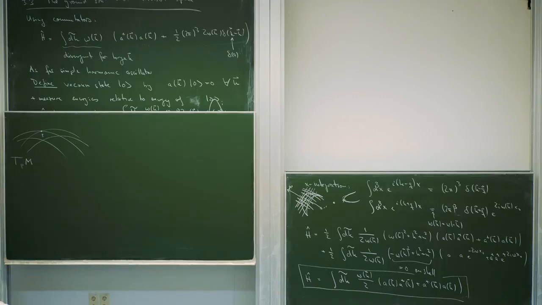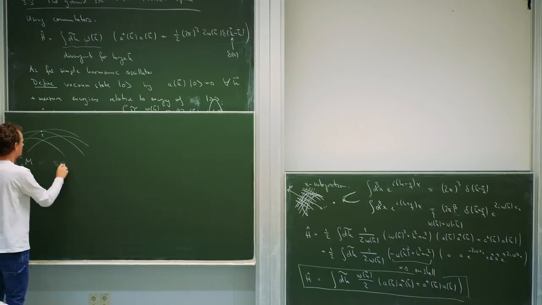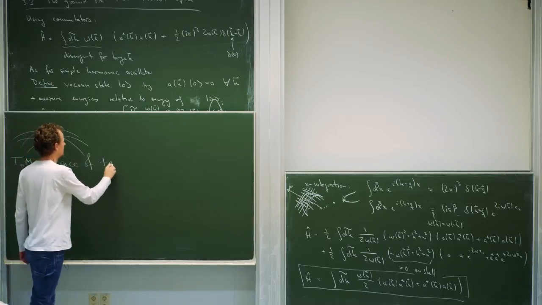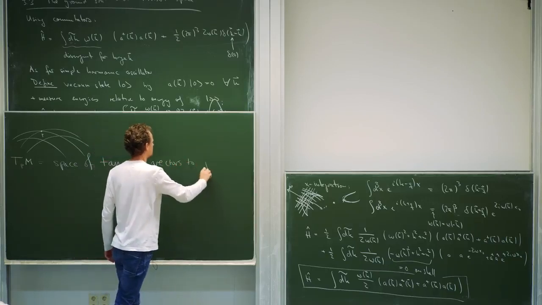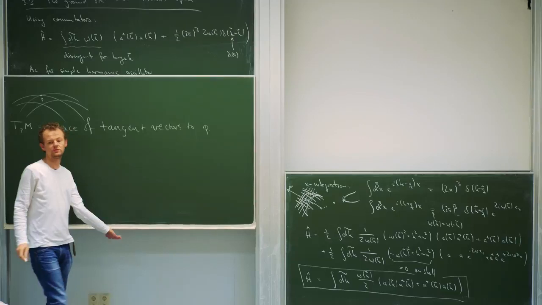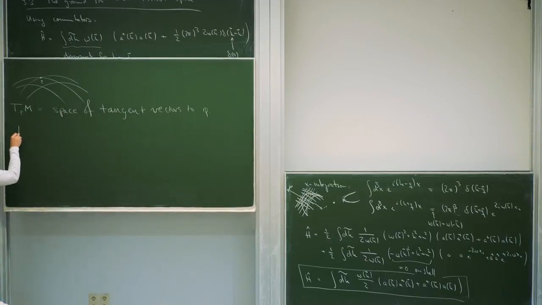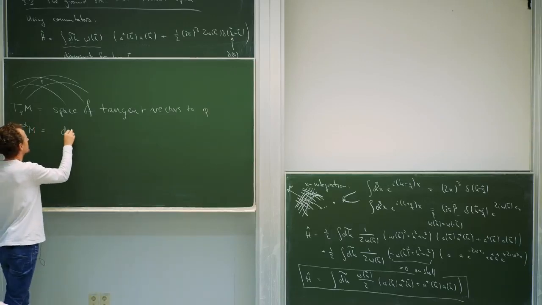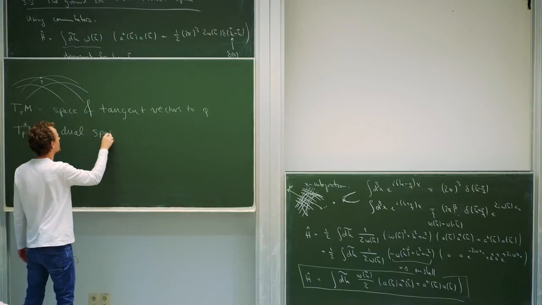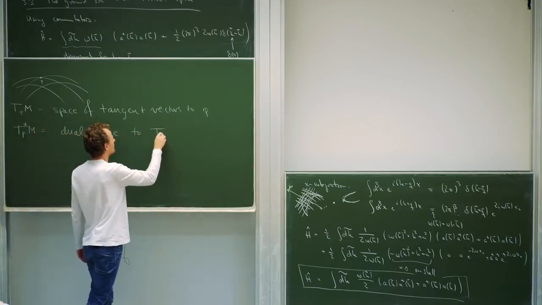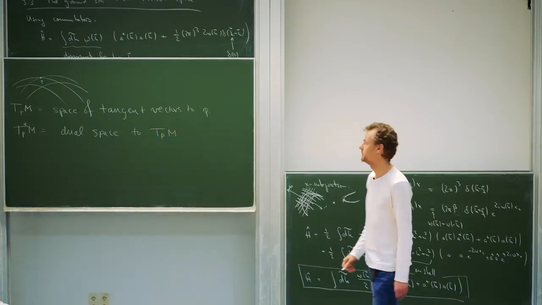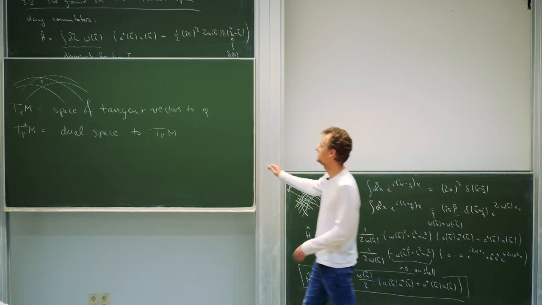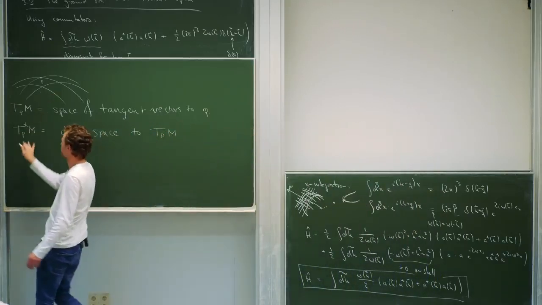Tp of M. That's the space of tangent vectors to P. And in the previous lecture, we introduced another vector space, which is just the space of functions on this vector space Tp of M. So we have these two vector spaces associated to every point of a manifold.